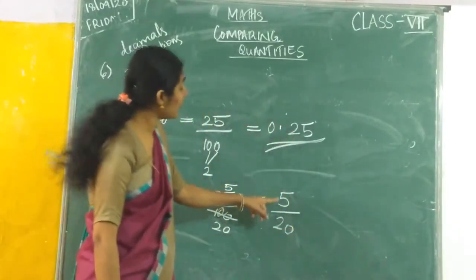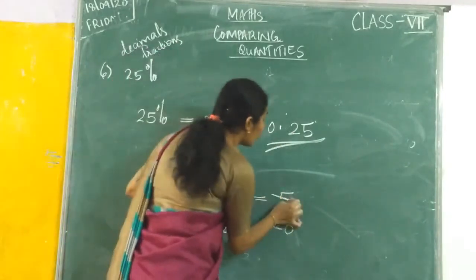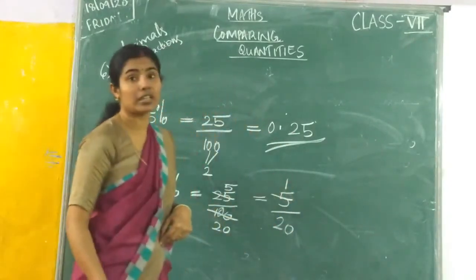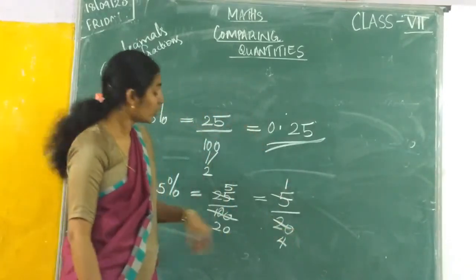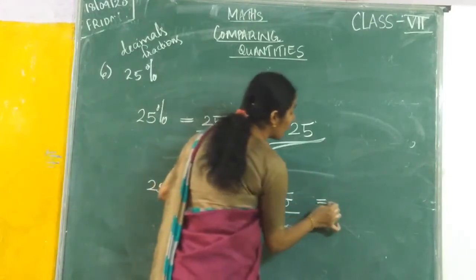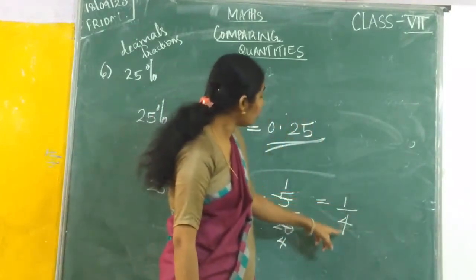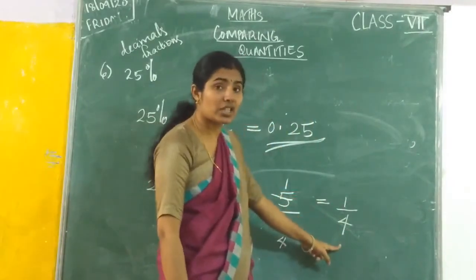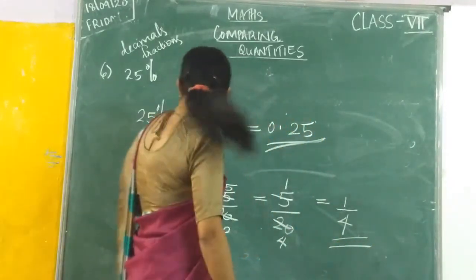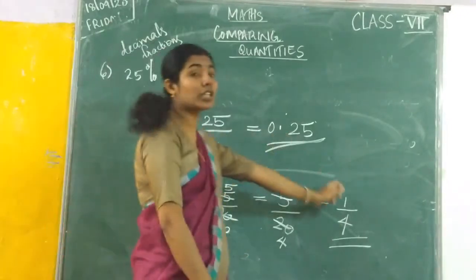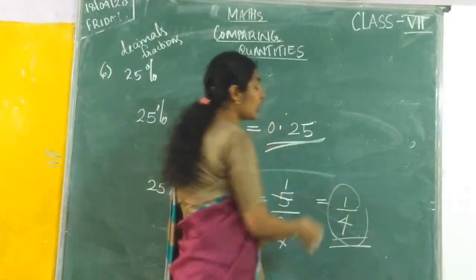Again you see 5 and 20 both are in which table? 5 table. 5 ones are 5. 5 fours are 20. So what will you get? 1 by 4. Now we see you can't do the cancellation. That means which is the final answer? 1 by 4. The percentage converted into simplest form is 1/4.